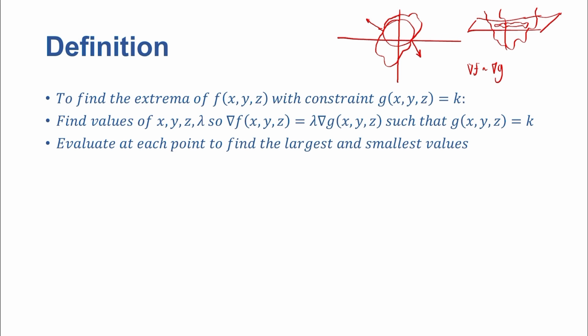So what we do is then we will evaluate at each point to find the largest and smallest value. So we'd evaluate the function at this point, and then at this point, and then we'd get our candidates for extrema, and then we just compare them. We can also rewrite this as a vector equation, which can be a little bit easier to deal with, which we will use in our example.